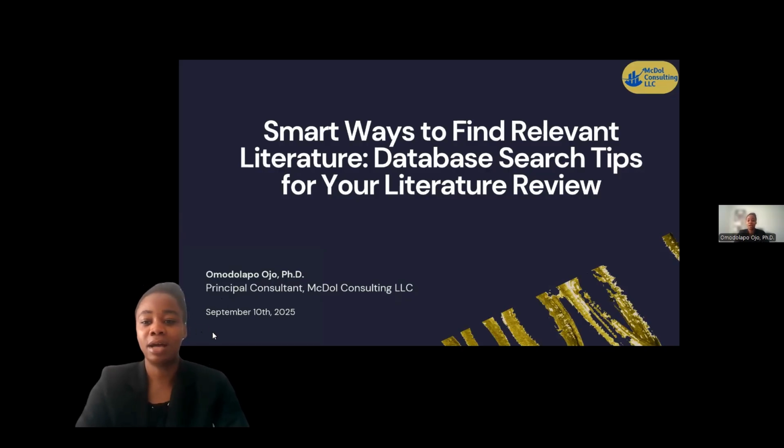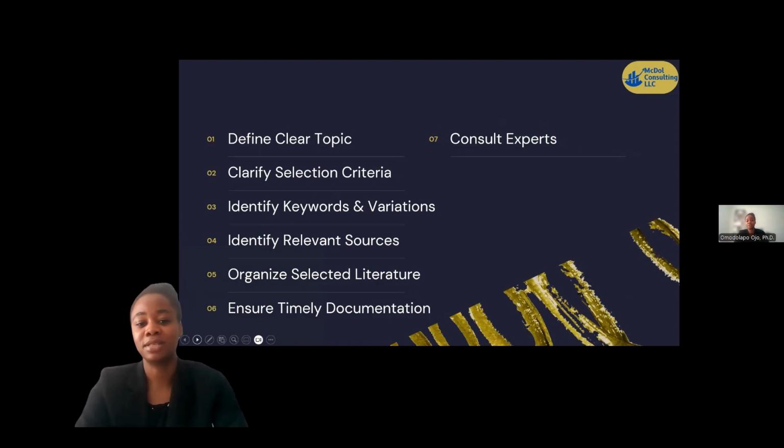Today, I will be sharing with you smart ways to select relevant literature for your research study, taking you through these 7 points that will help you in being smarter in your literature search.